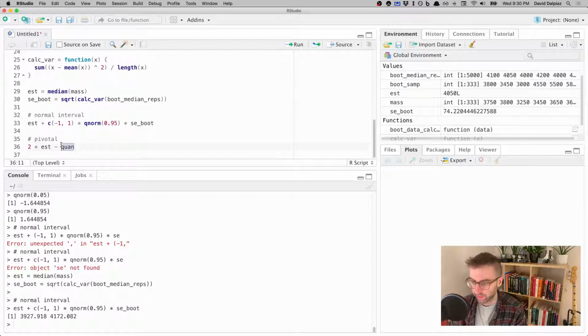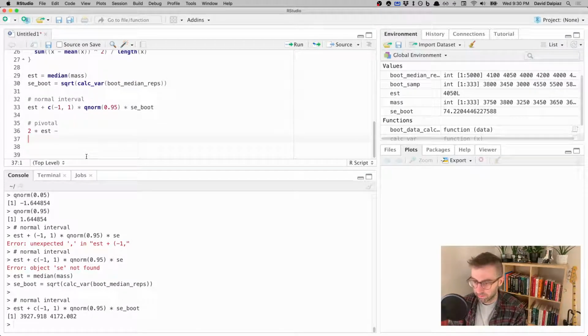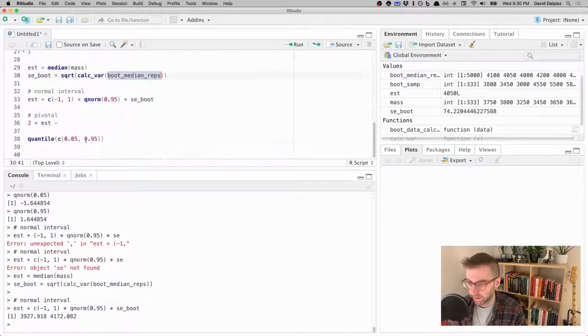Well, here, let's do this first, actually. It doesn't like that I have that. Okay, quantile. So let's do c(0.05, 0.95). Except that I need to put the data in there.